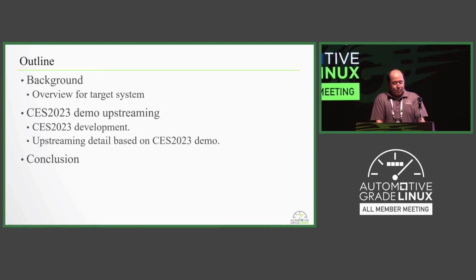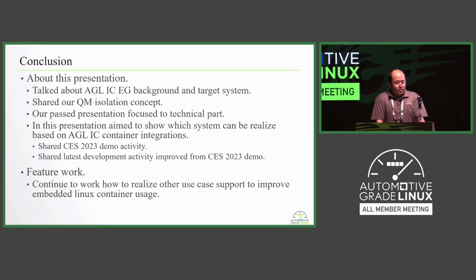So finally, the conclusion. In this presentation, we talked about the AGL IC-EG background and the target systems, and shared our QM isolation concept. Our past presentations focused on the technical part, for example, my previous AMM presentation, the EOSS presentation, and more older presentations.